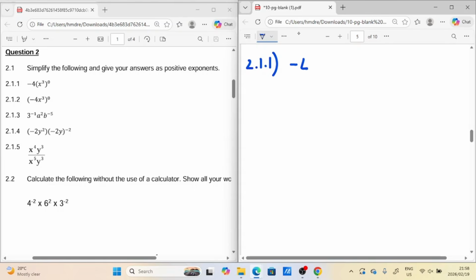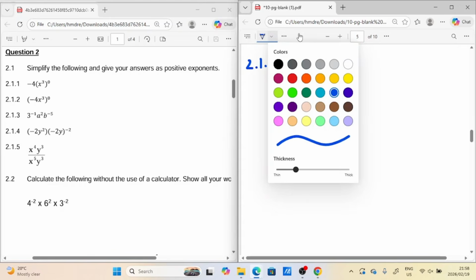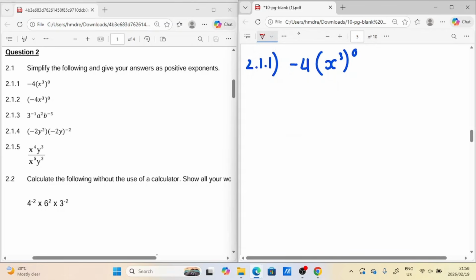We got minus 4 times x to the power of 3, all to the power of 0. Okay, so the first thing we are doing here is we are using this part here. The exponent law is anything to the power of 0 is 1. So this part here, anything to the power of 0 is 1.